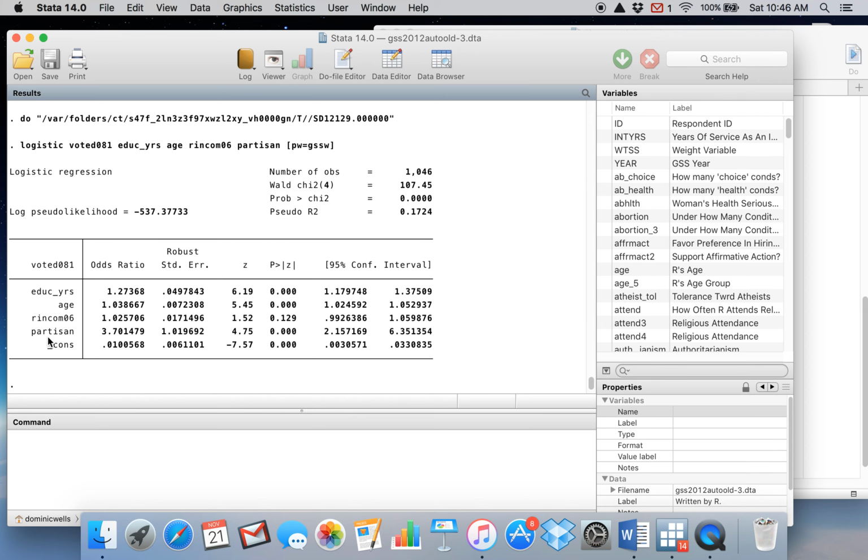And we can see in our model here, income is not statistically significant, but partisanship is. So if you're more partisan, you're more likely to vote. Not real surprising. Also, if you're older, you're more likely to vote. And if you have more education, you're more likely to vote. These are all positive, as we would expect, and statistically significant.